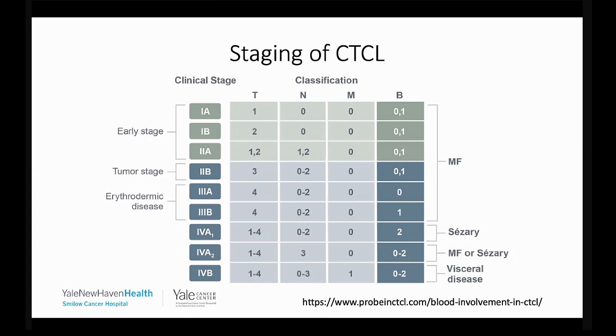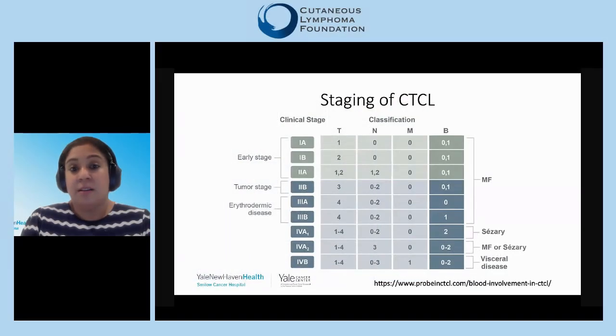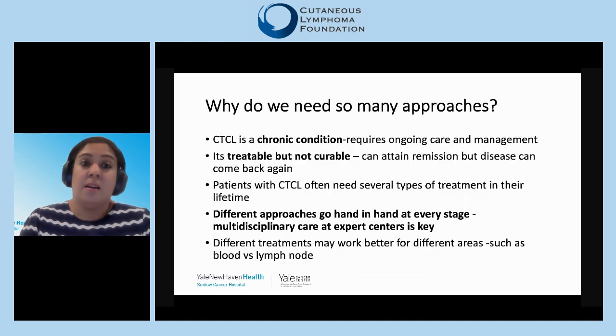As long as the skin involvement is patches and plaques, that would be considered early stage disease. Once there is tumor involvement or erythroderma, then it automatically becomes more advanced stage disease. And again, presence of metastasis or more extensive blood involvement would make it advanced stage disease. This is just an overview to explain what I am referring to when I say advanced stage disease.